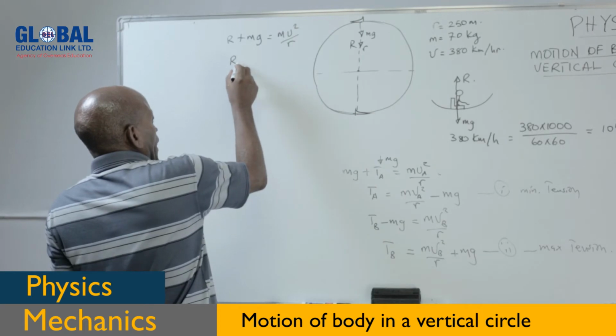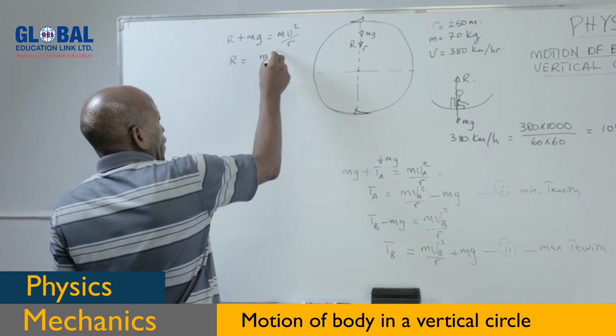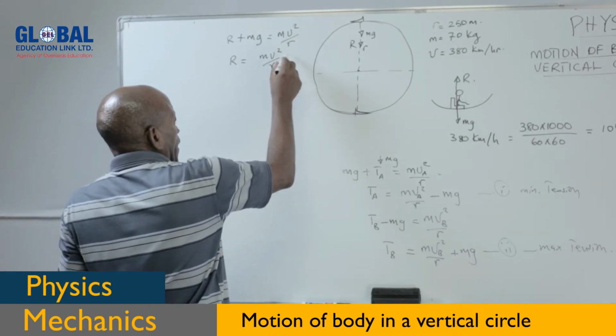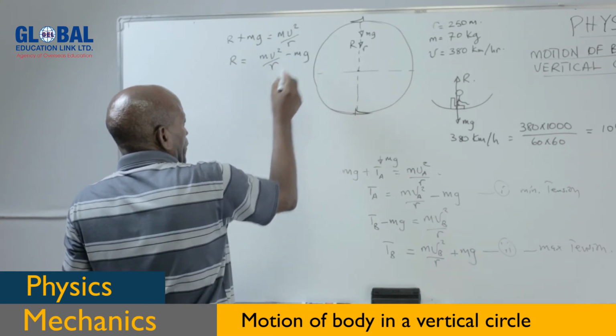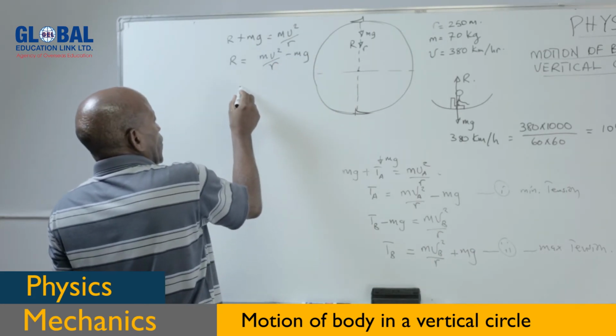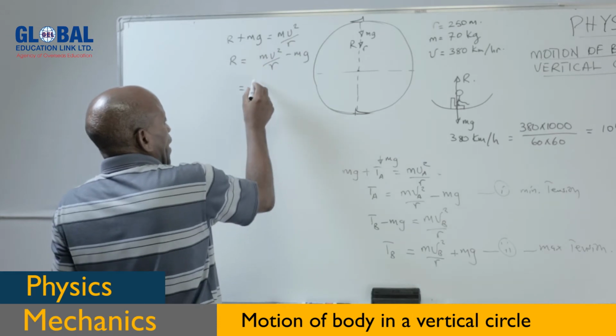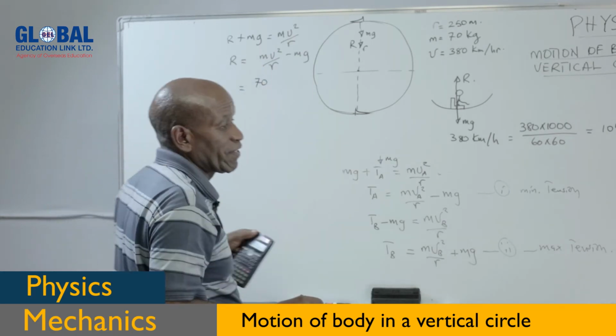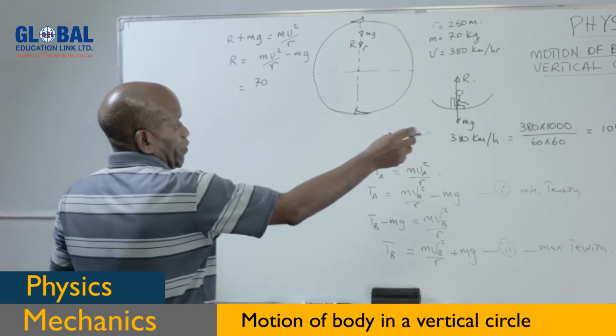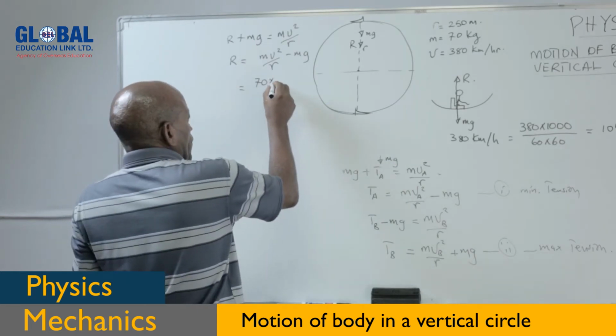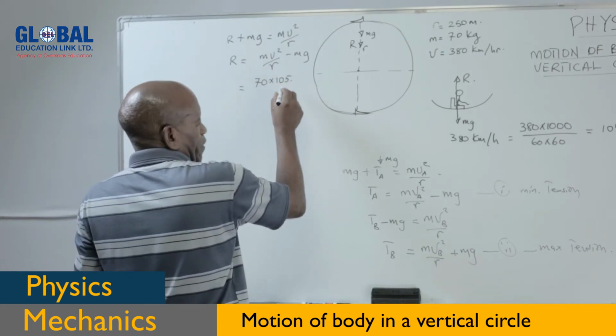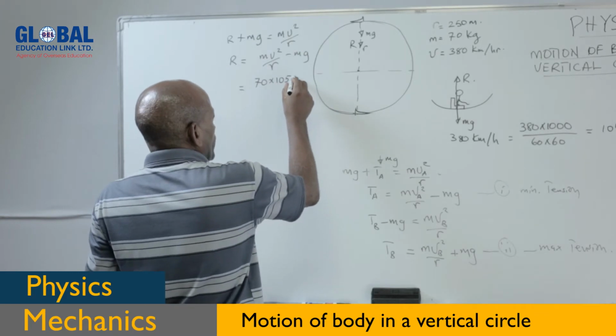So the reaction R now will just be equal to mv squared over R minus mg. If you compute here, you'll find that the mass of this pilot is 70 kilograms, and the velocity we have already changed over there is 105.56.